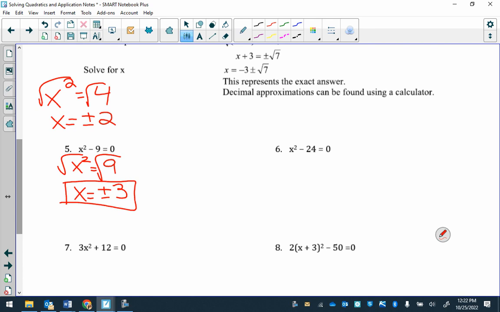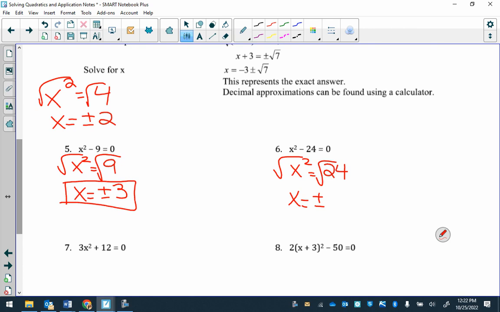Number 6 came up on, I think, the piecewise review. What do you have to do first? Add 24, right? Okay, now from here, what do we do? Square root, okay. So since we're solving, we are going to include plus or minus.